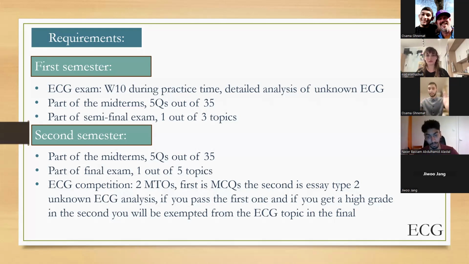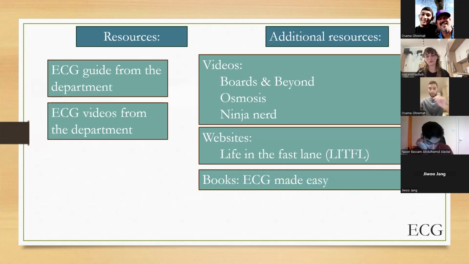It has a dedicated ECG competition, and you have part of the final exam, which is going to be the first topic from a total of, actually, 5 topics. So you have one ECG topic and 4 pathophysiology topics in the second semester for the final.